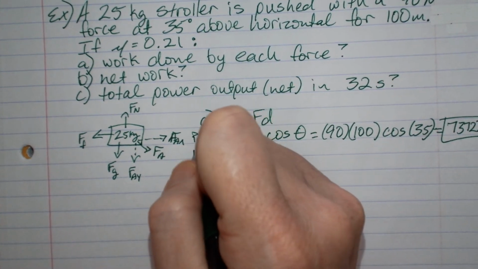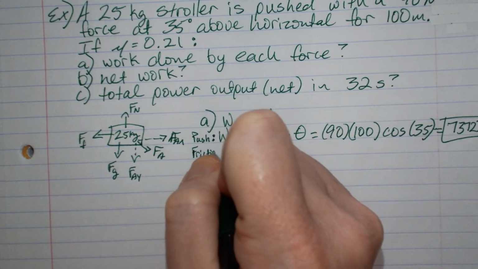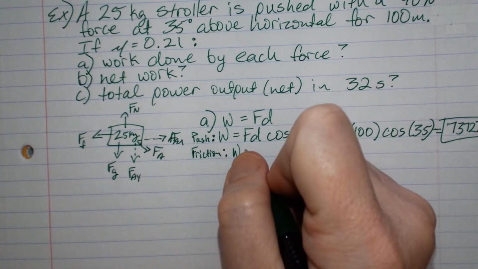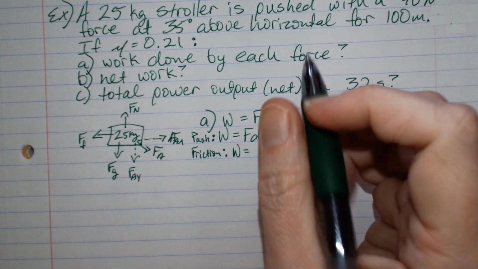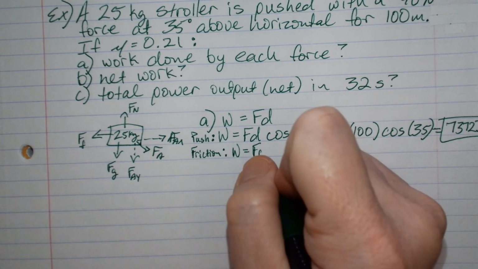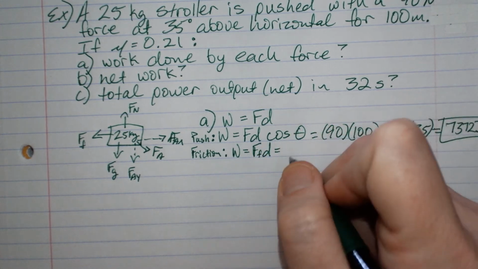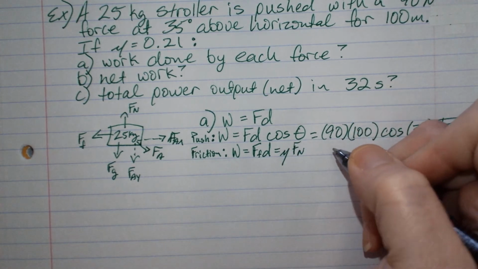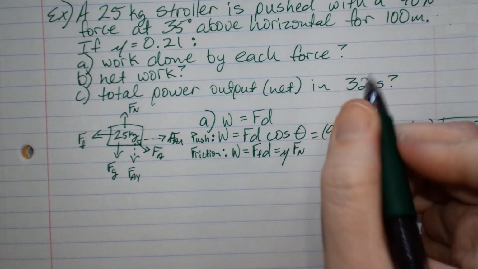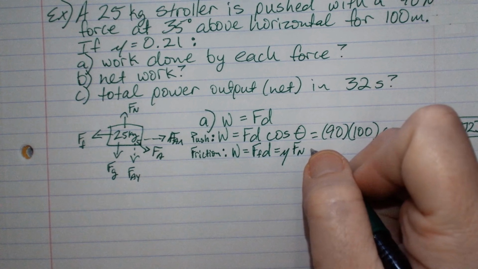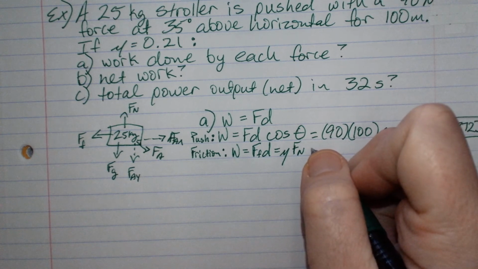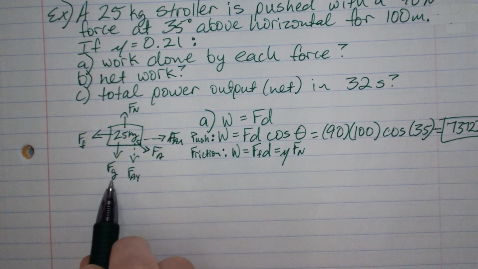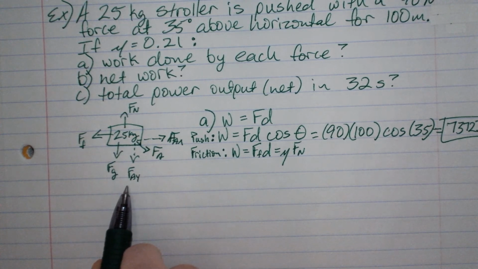But I also need to know how much work is done by friction. Work done by friction is friction times displacement. Well, friction is equal to mu times normal. I haven't calculated my normal force yet. My normal is going to be equal to the sum of my gravitational force and my FAY.